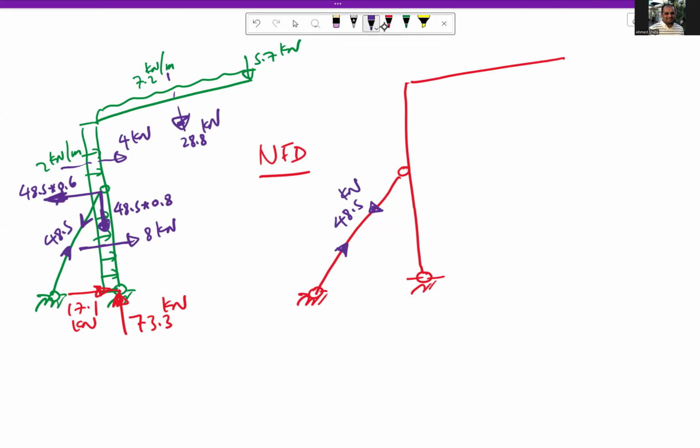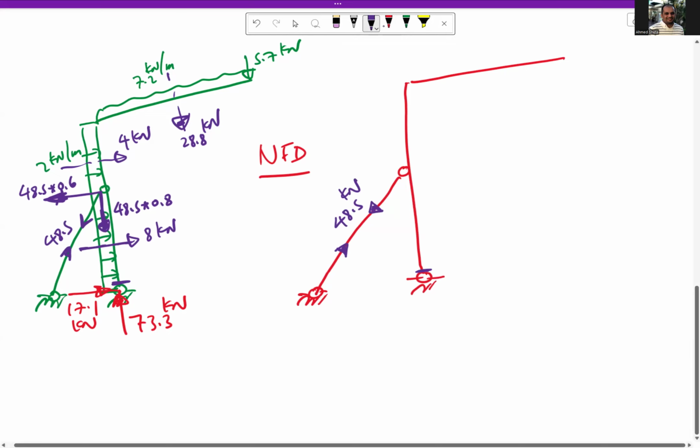And for this section here, what is causing normal force here? Normal force means force perpendicular on the section. So if this is our section, the vertical force is causing normal force. So the normal force at this section is 73.3.